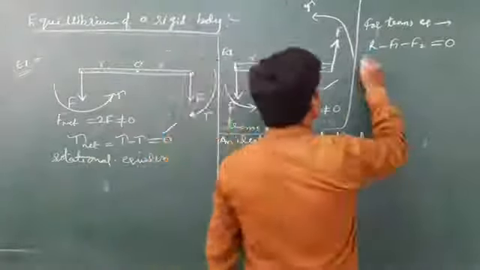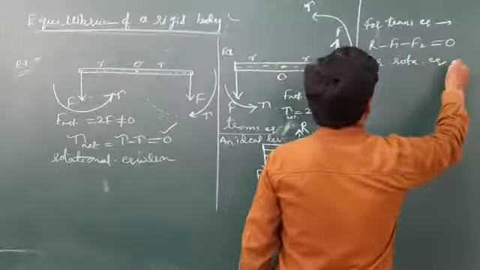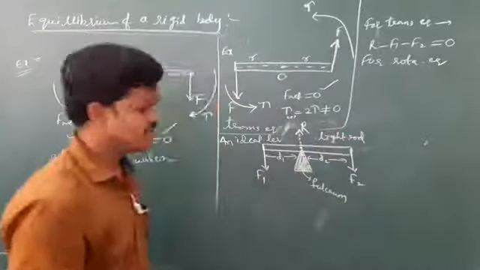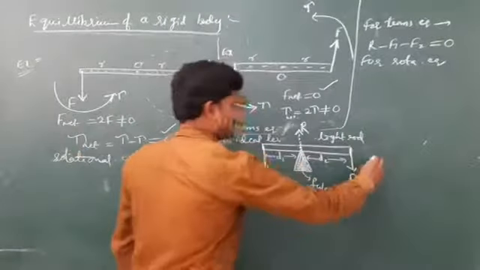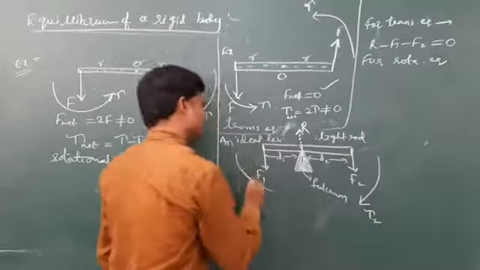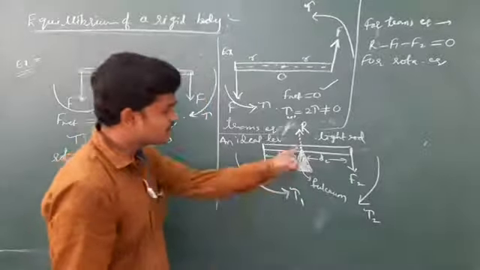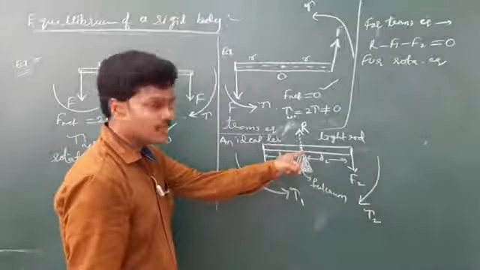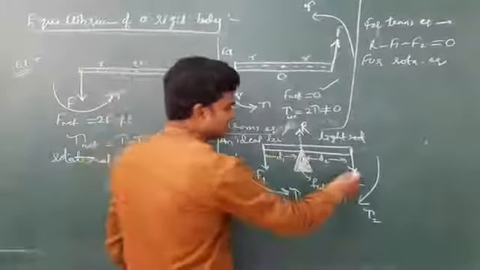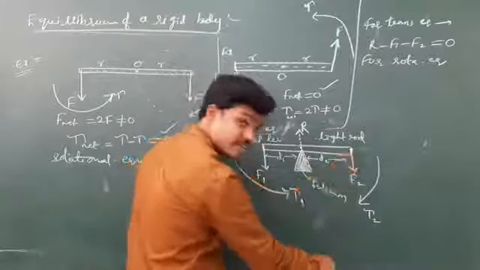And for the rod to be in rotational equilibrium, this will create some torque in this direction, tau 2. This will create a torque in this direction, tau 1, about this fulcrum. See, for this arrow tip, the fulcrum, which is O, is on the right side. Right side means clockwise, and clockwise is negative.